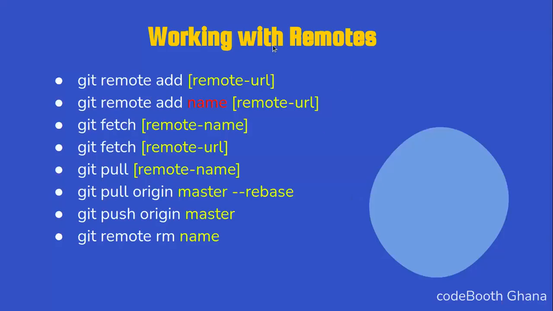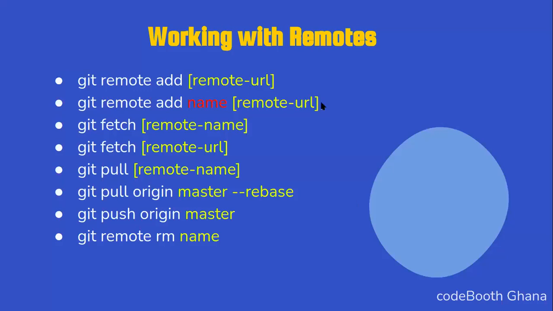Though I didn't finish, you can see there are other commands here, a lot of commands, which is git remote. Git remote, we have done it. Git fetch, git pull, and git push. So let me share my screen and explain it as he's working on that.